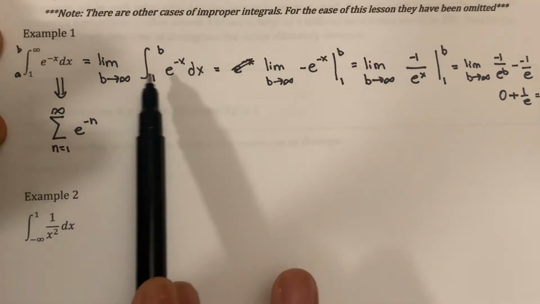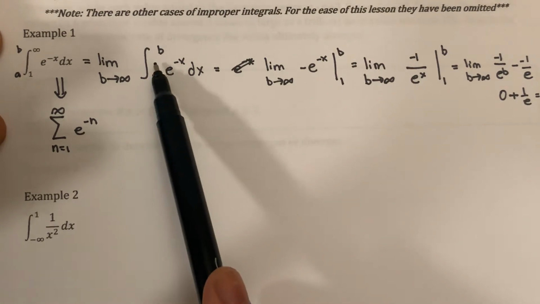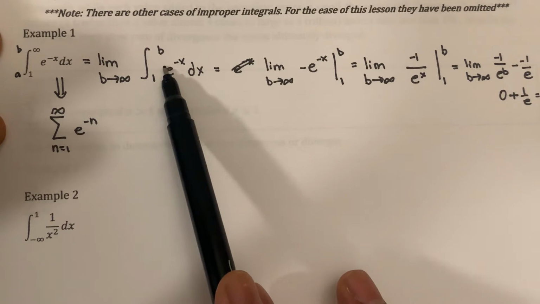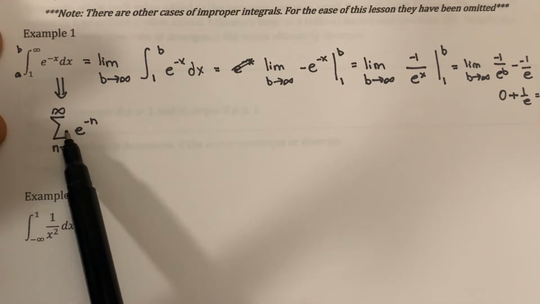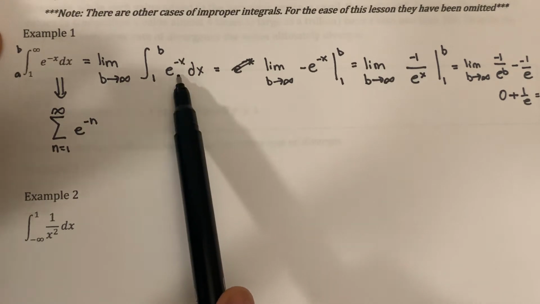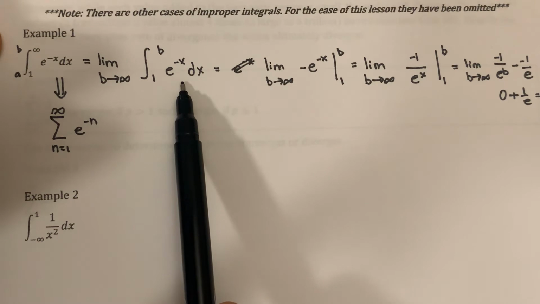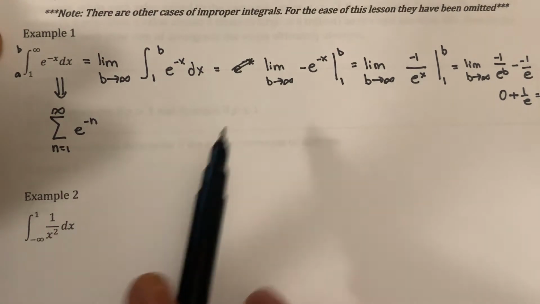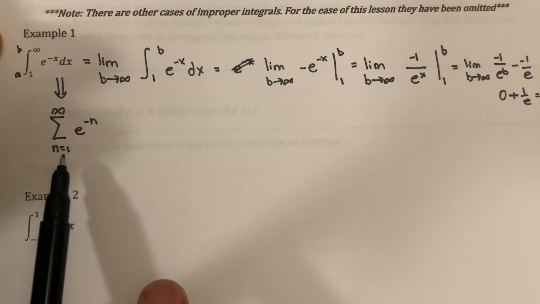When we did definite integrals initially, we found out that a definite integral is just a sum of a bunch of infinitely small rectangles. Since this sum, which is an integral, is convergent, this series that could be represented by an integral is also going to be convergent. It works in both directions. So if we get an answer that's divergent, then this series is also going to be divergent.